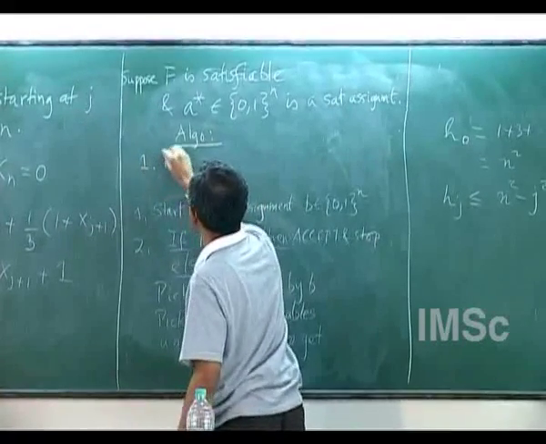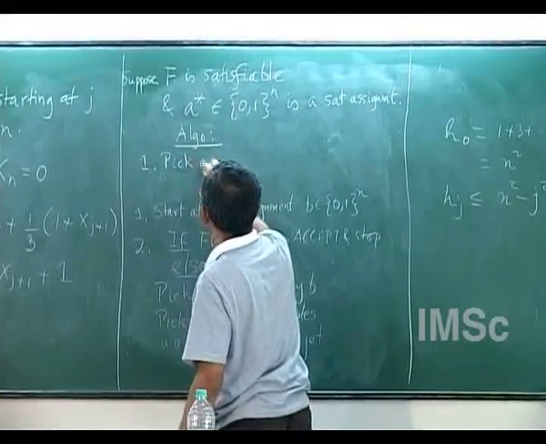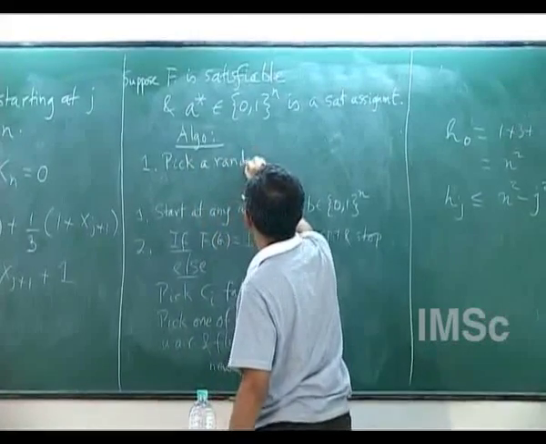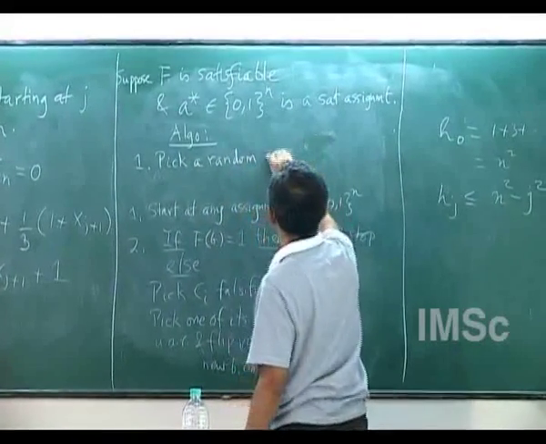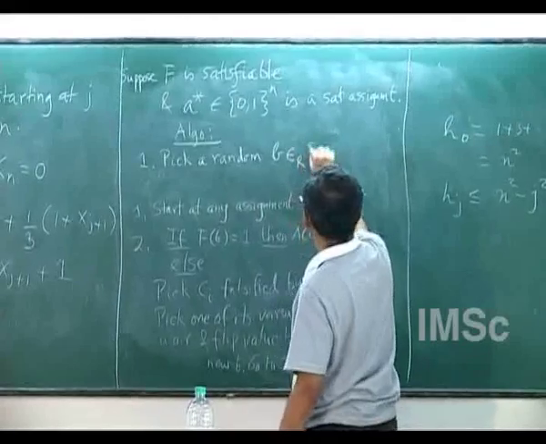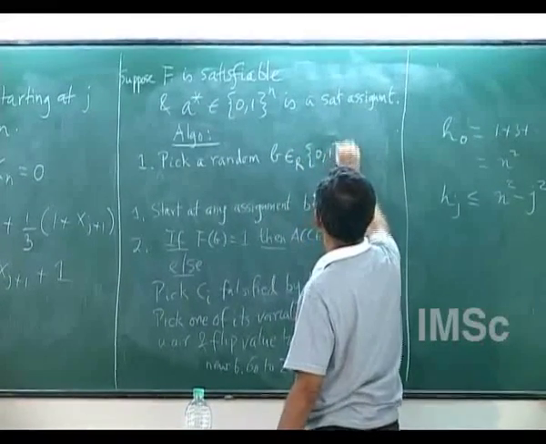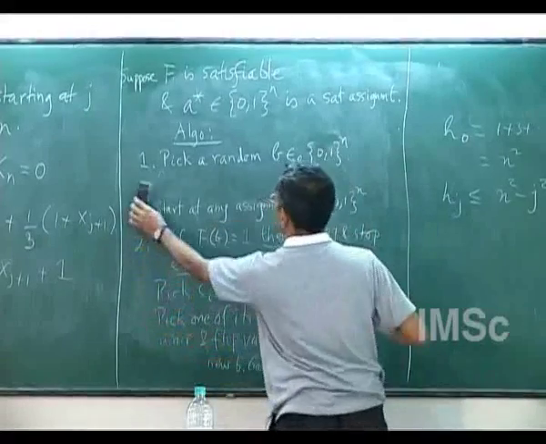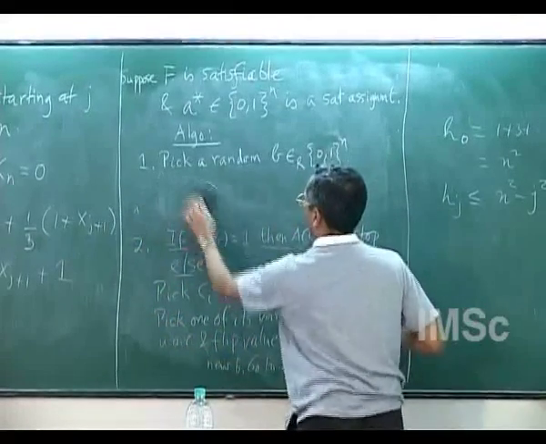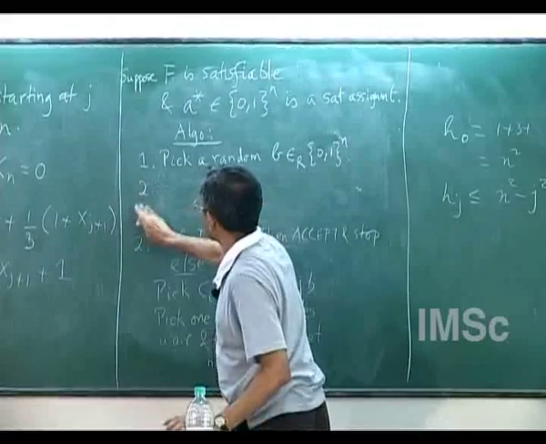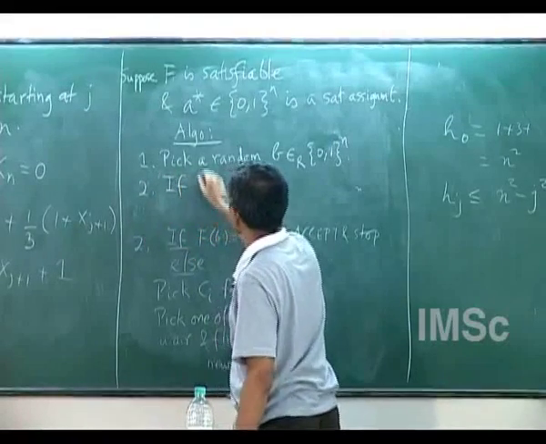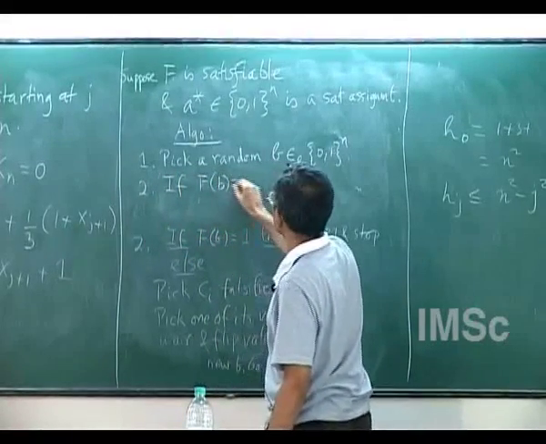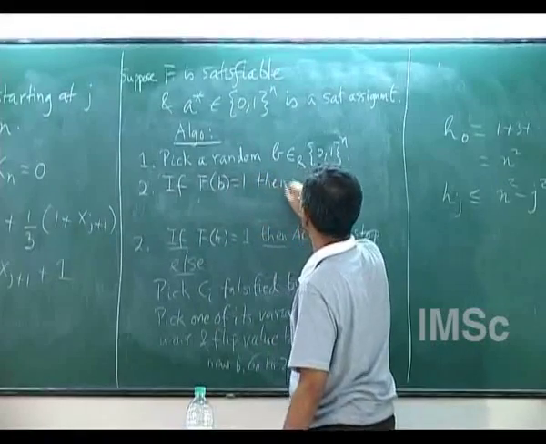First step is to pick a random assignment B, instead of starting at any assignment. Second step, like before: if F(B) is 1, then done.